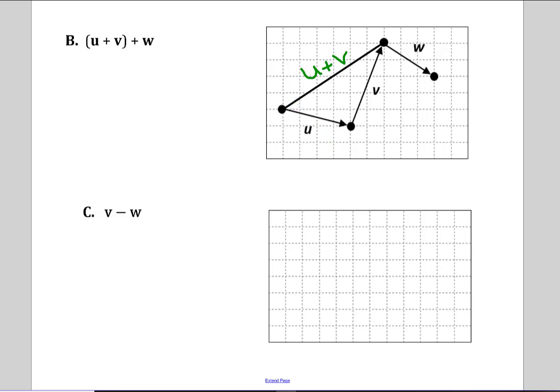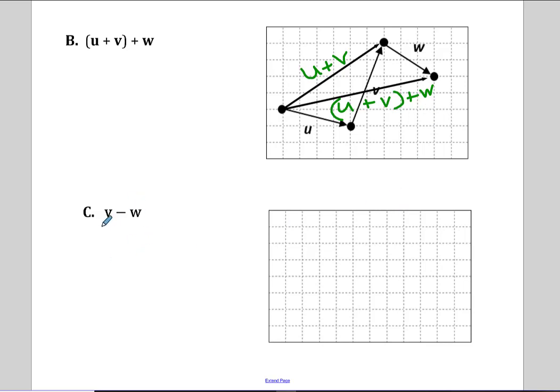So to add u plus v plus w, the terminal point of u plus v ends at the initial point of w, and we would go from the initial point of u plus v to the terminal point of w. So this line across here becomes u plus v plus w.